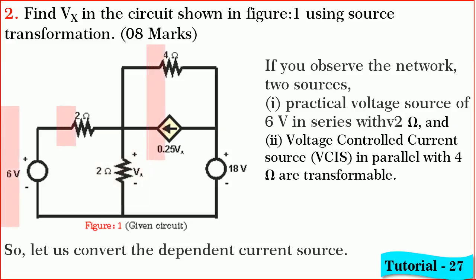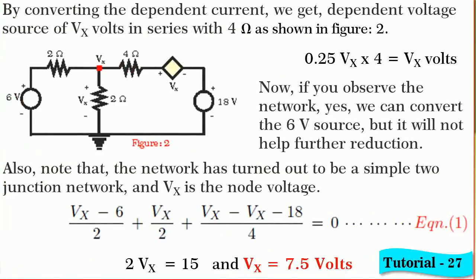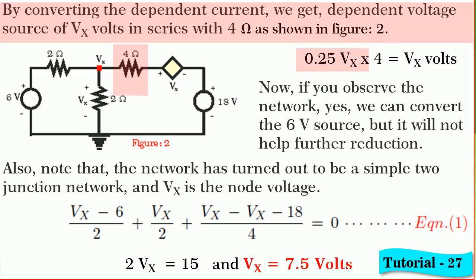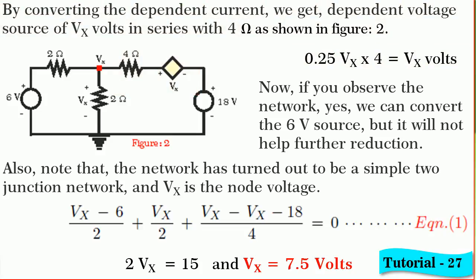So, out of the two convertible sources, which to convert first? In my opinion, first, by converting the dependent current source, we get a dependent voltage source of Vx in series with 4 ohm. Observe the polarity of the converted dependent voltage source.